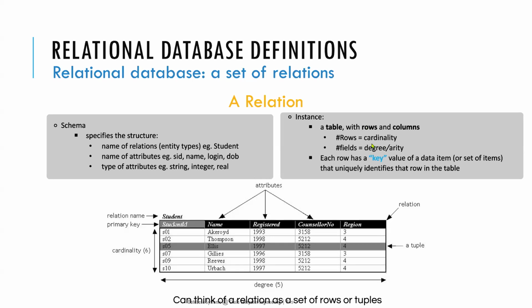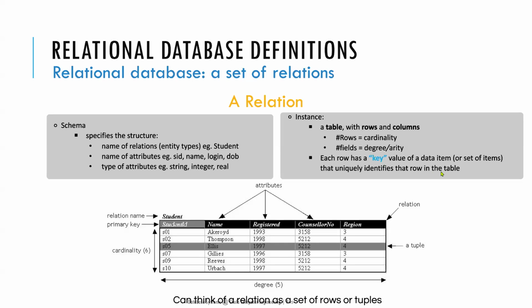And there are specific terms that we use in the relational database. So number of rows that we have, we'll call it cardinality. And number of fields or number of attributes, we'll call it degree or arity. So for each of the row, I say here that it has to have a key value of the data or set of items that uniquely identifies that row in the table.